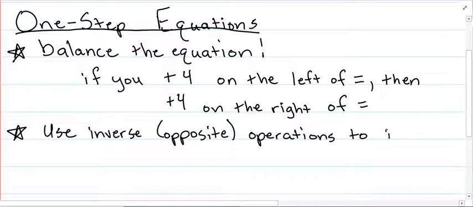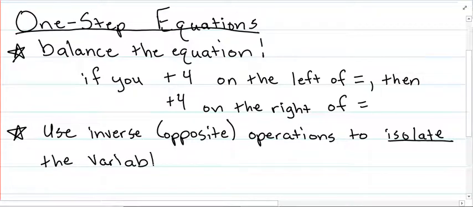And we call that isolating the variable. The variable would be your letters that you have as a part of the problem, A, B, C, X, Y, whatever it is. So let's do some problems with one-step equations.